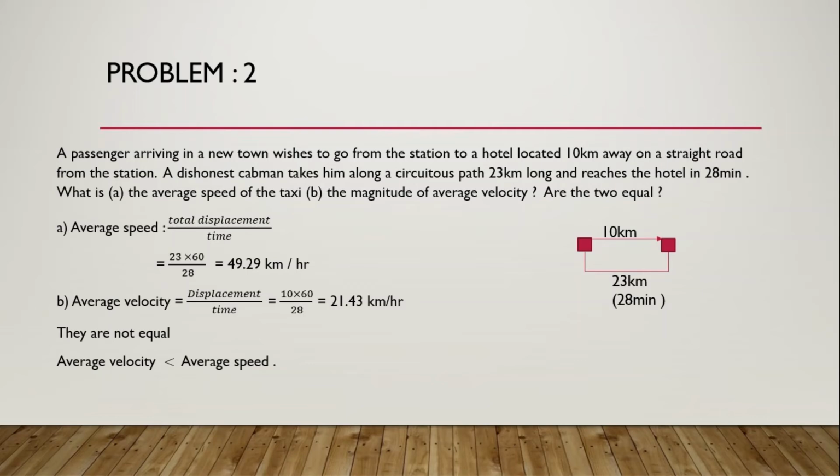What is the average speed of the taxi, and what is the magnitude of the average velocity? Are both equal? So they are asking to find out the average speed of the taxi and the magnitude of the average velocity.